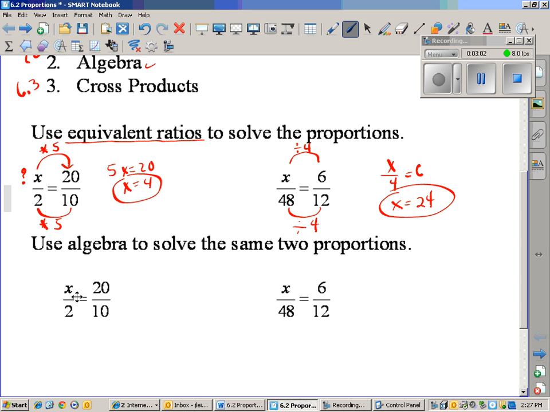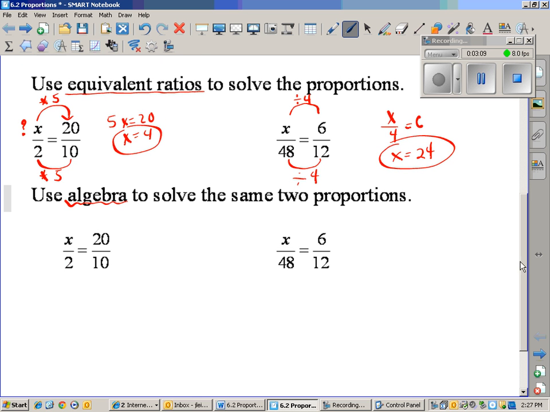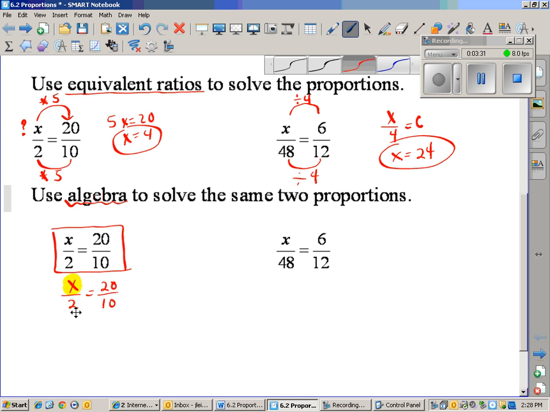We're going to use the exact same two ratios, but we're going to use algebra to solve them. So of course, when we're solving an equation in algebra, we box it up and we rewrite it. And now when we're solving an equation in algebra, we're asking ourselves, how can we get this variable right here alone? Well, what's he got going on? He's got a 2 divided into him.